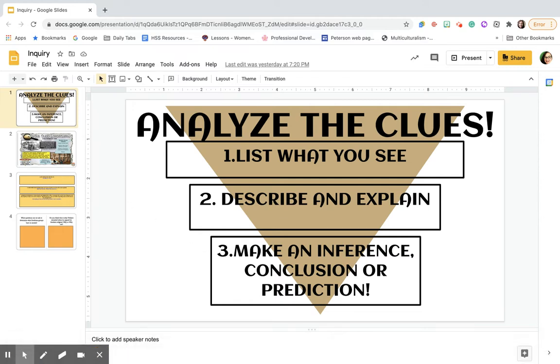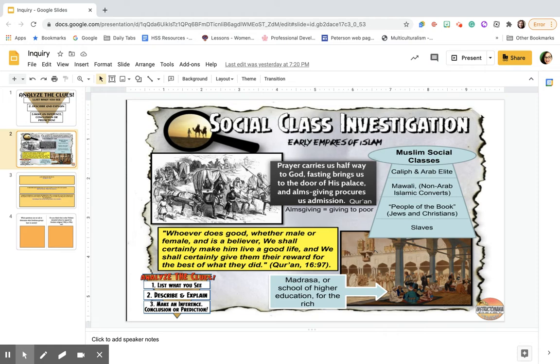What you're going to do is look at this slide, which gives you lots of pieces of information. It says social class investigation. It has a Muslim social class pyramid here: the caliph and the Arab elite. Then the step below is the non-Arab Islamic converts, which means that they converted to Islam.